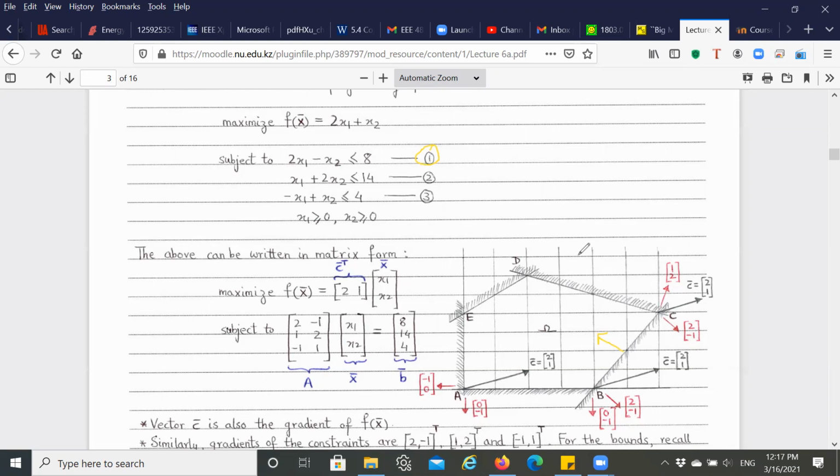So that probably would be which line? x1, x2, 14. So I believe that is -1 and 1. Where's -1, 1? Which line is this? This is this, 2 minus.